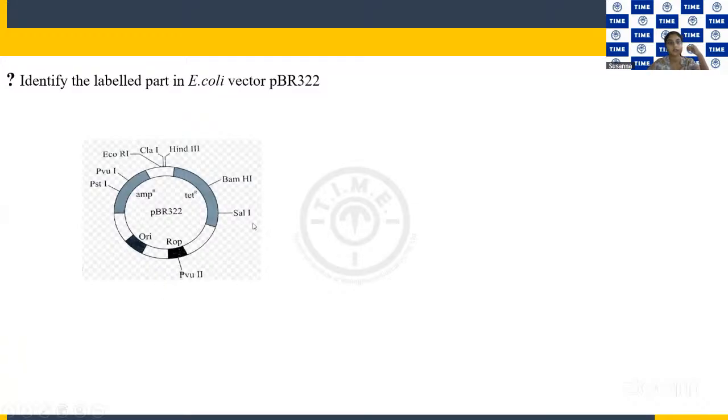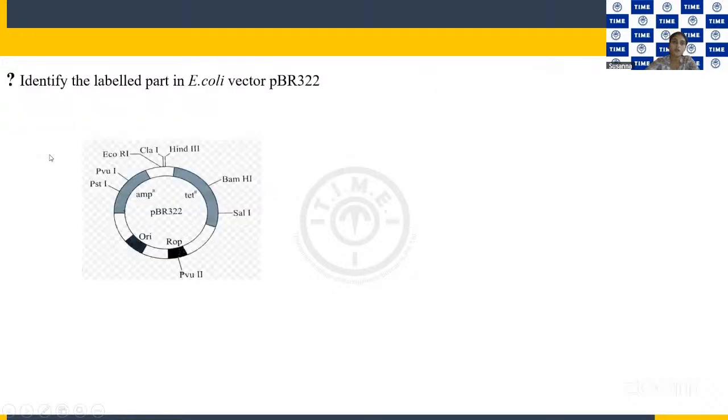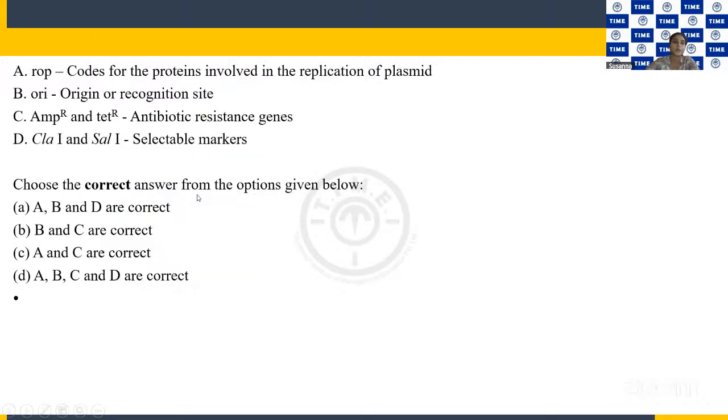Okay, so this is a diagram based question that we are dealing. So this is a diagram of the E. coli vector PBR322. And let's see what the question is. Okay, the question seems to be a little bit complicated where they're asking the different functions of the segments that we are seeing in this PBR322 vector.